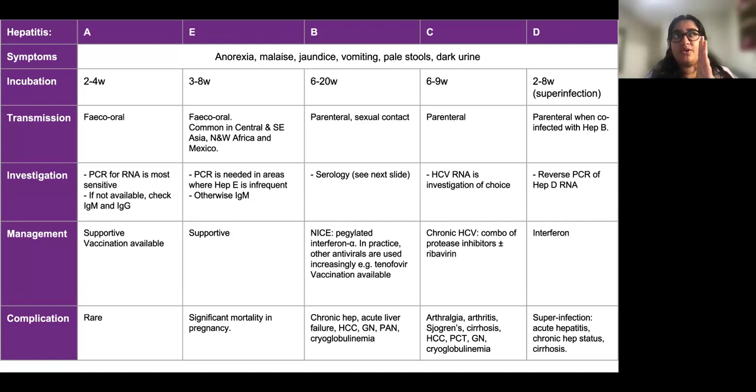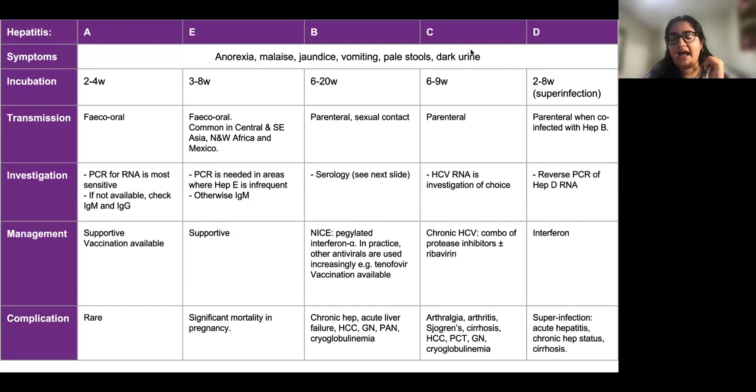So B and D are related in two ways. Either you get B and D infection at the same time, which is like a co-infection, and that actually is associated with a better prognosis. If you've got B and then you get D, that's known as a super infection, and that's associated with an even worse prognosis.